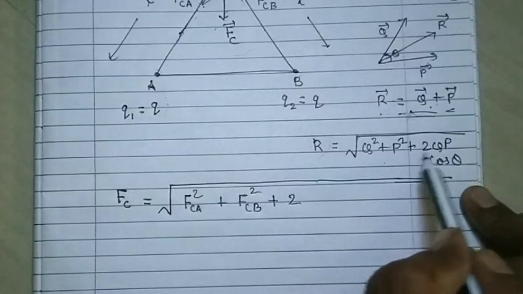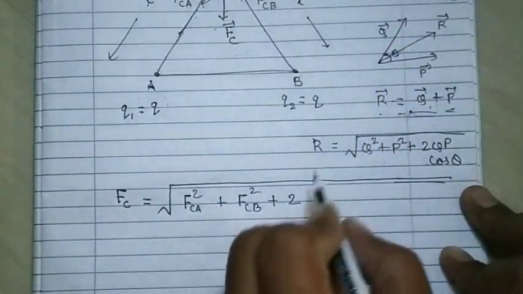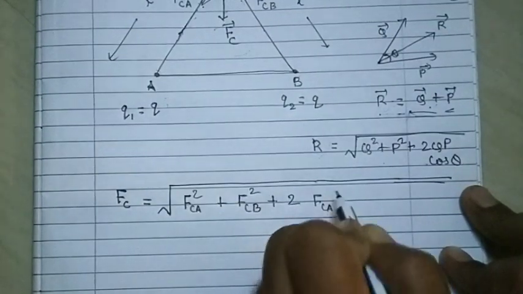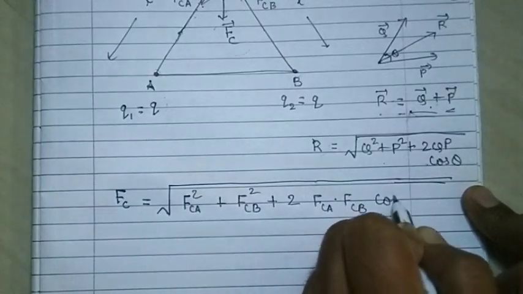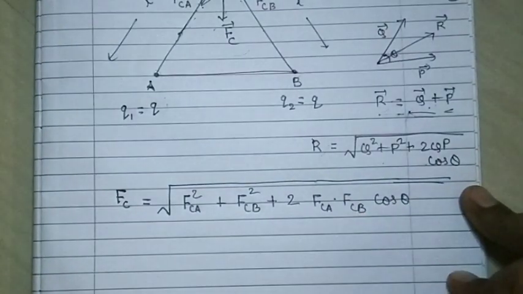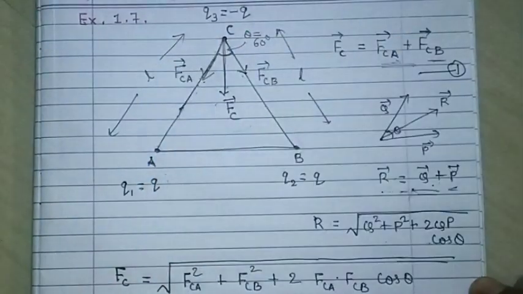You can see this also, this standard equation, and we are applying this equation here. Force on C by A into force on C by B cos theta, and here theta is nothing but 60 degrees.